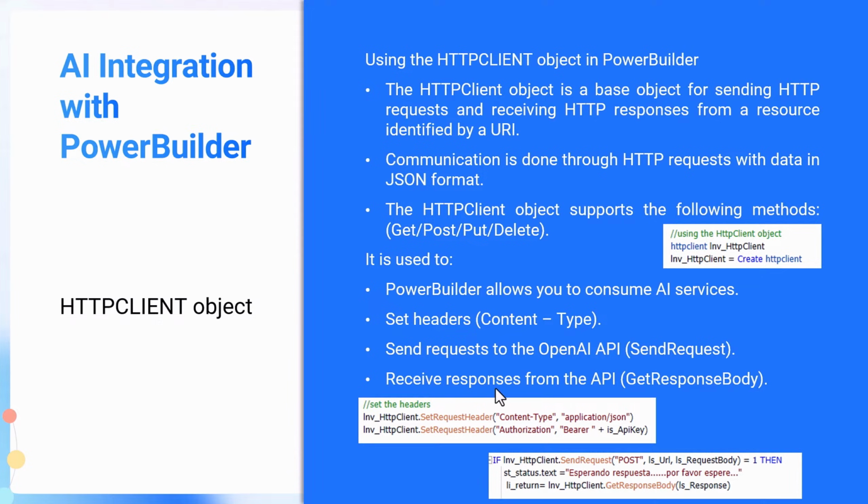This is used to send HTTP requests, receive responses, set headers, and handle data in JSON format. In our integration, we use send request to communicate with ChatGPT and get response body to retrieve the results, as we see here. Okay, and here we can see how we can set headers.